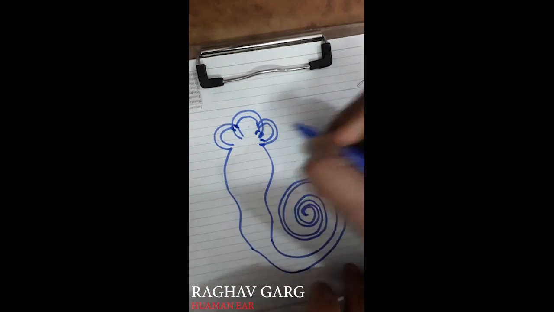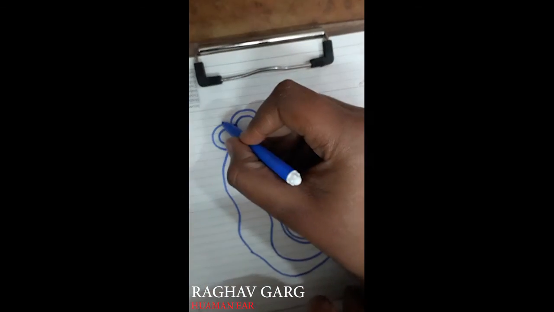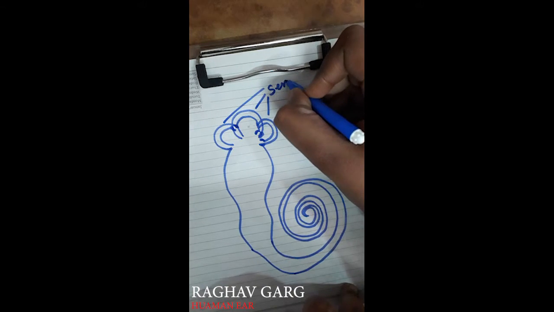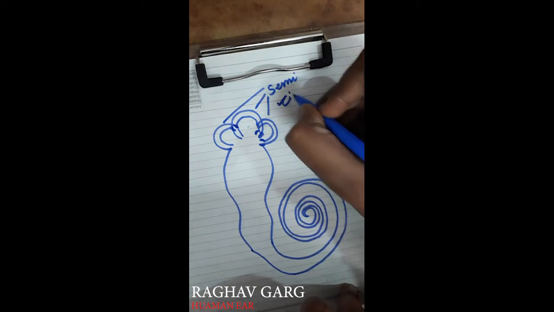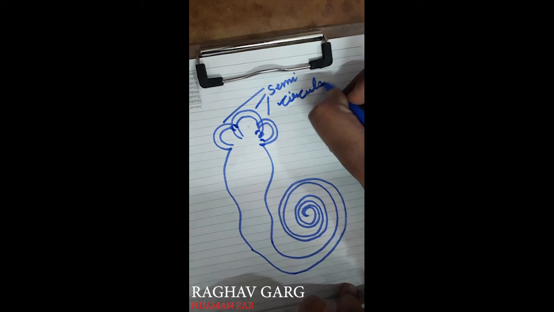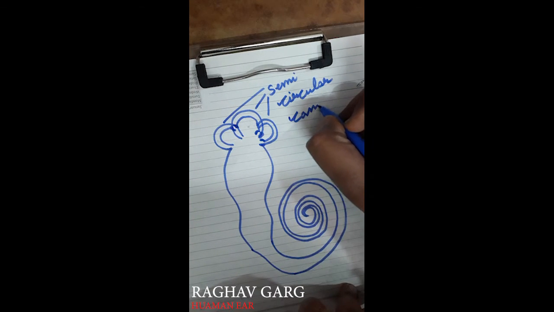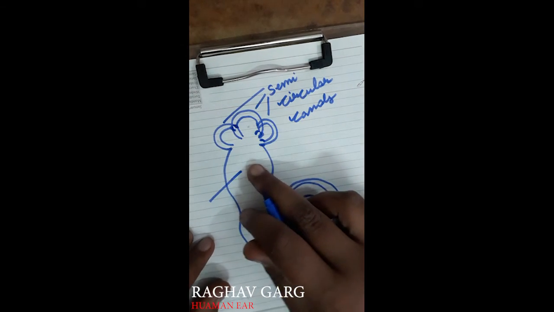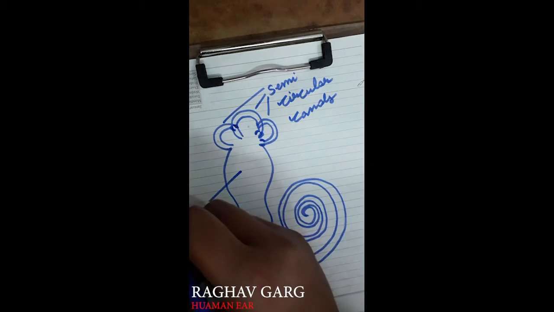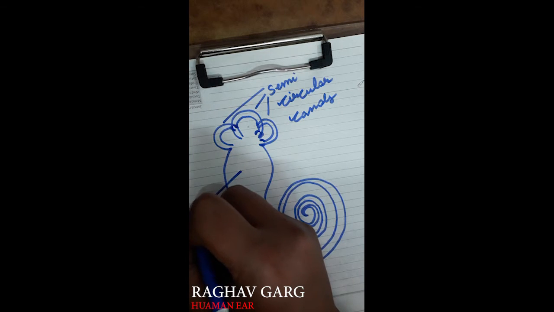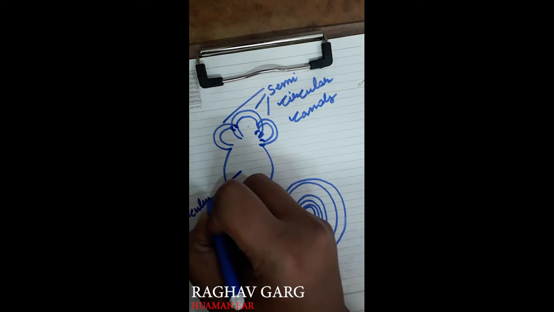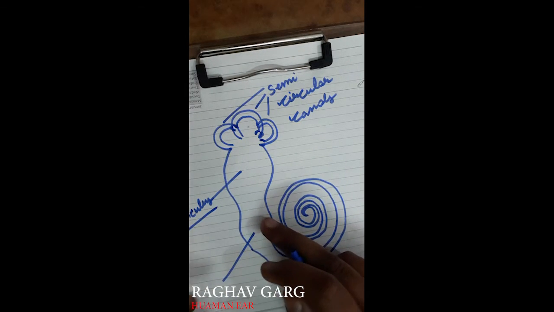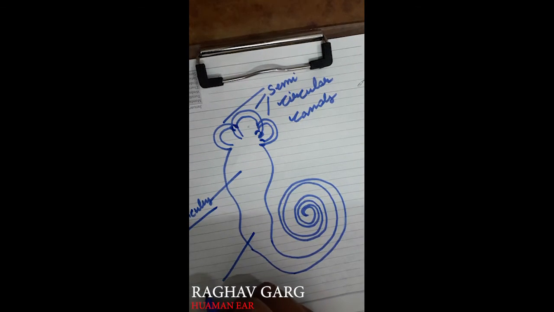Now while labeling, we have to mark these three together as semicircular canals. This upper and wider part would be the utriculus, and this lower and narrower part would be the sacculus.